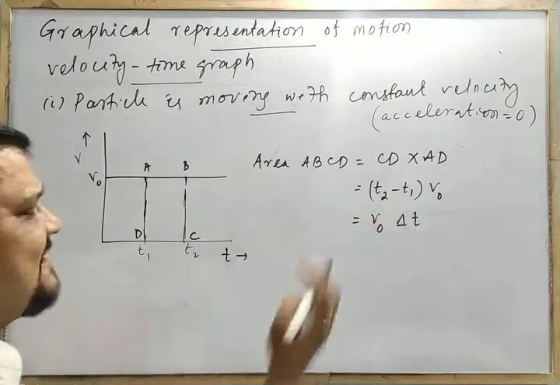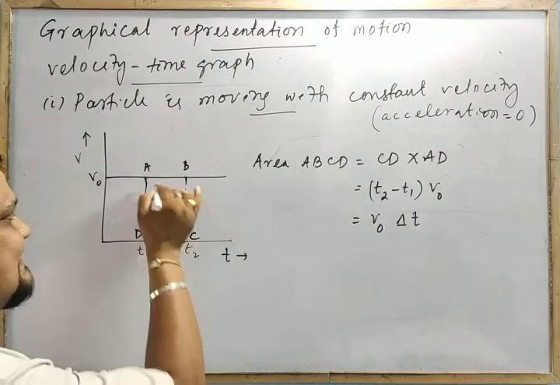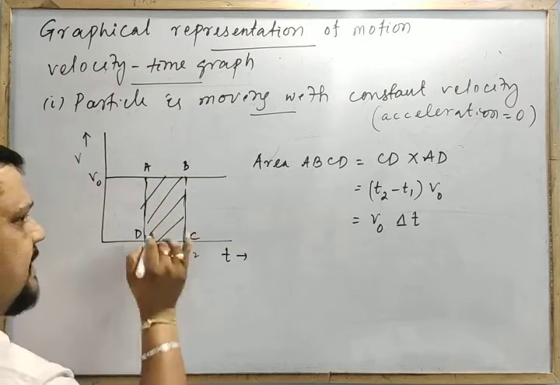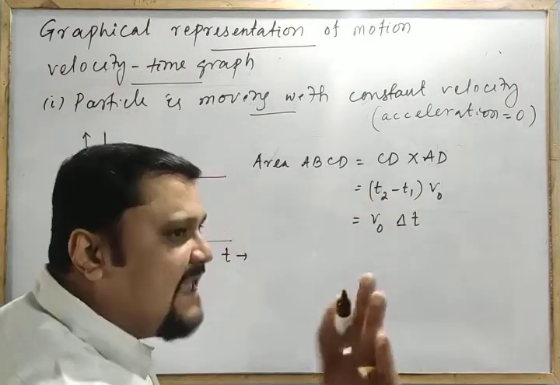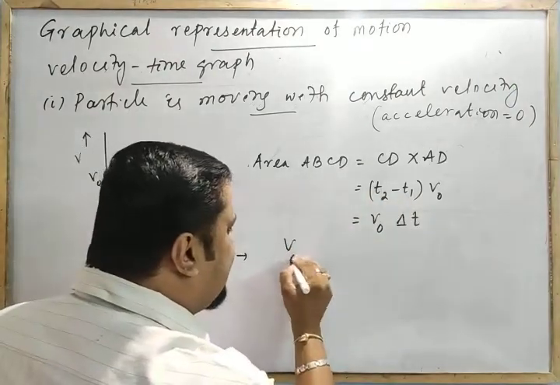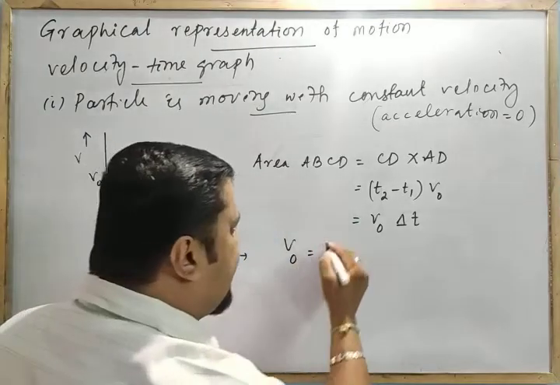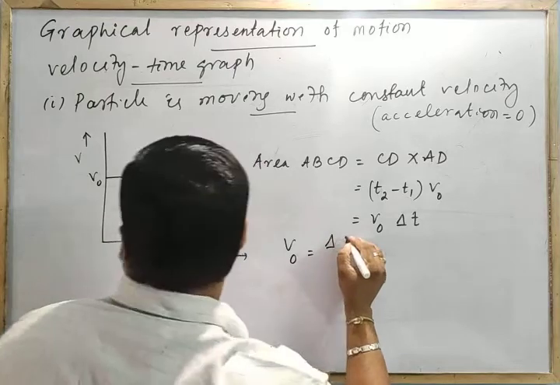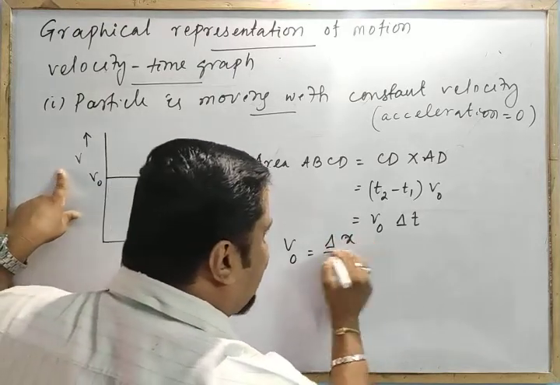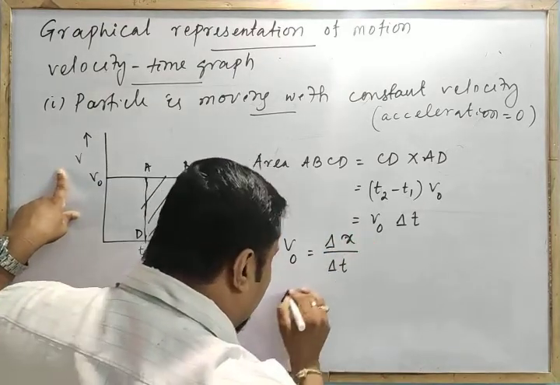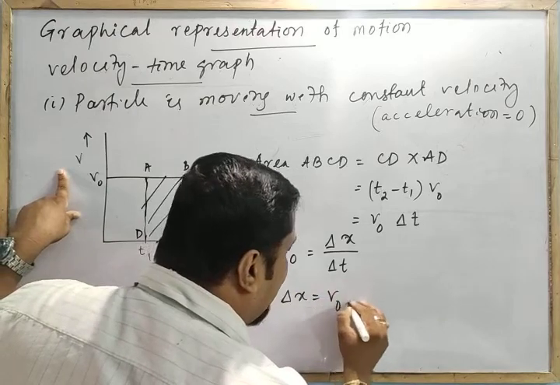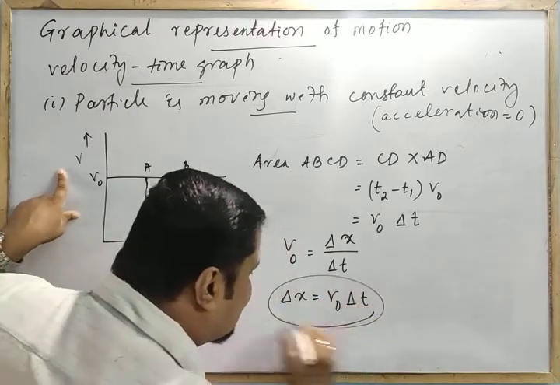And obviously this is the magnitude part, meaning this is the area of this portion. Velocity times time: as you know, the velocity, or here we can say the magnitude of velocity, speed, is equal to delta x by delta t. So delta x is equal to v naught into delta t. What is this delta x?